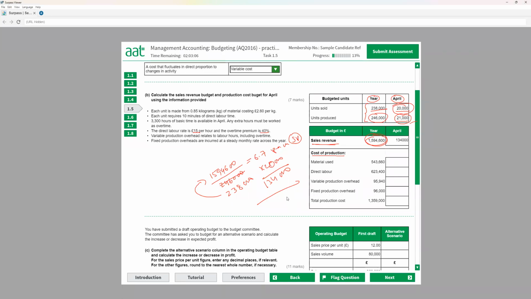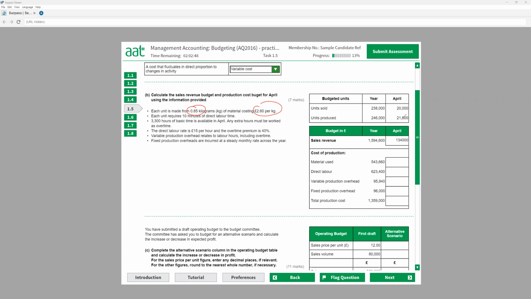All right, the next one we have here is material. For the material, we need 0.85 kilogram per unit, and per kilogram is 2.6.